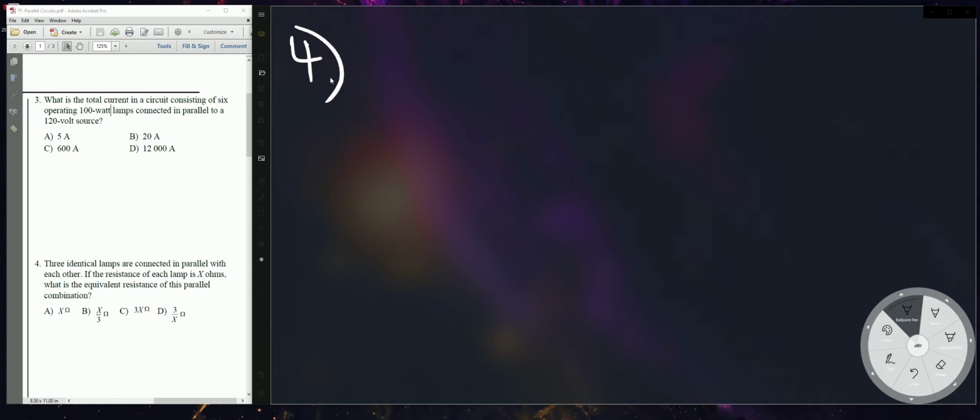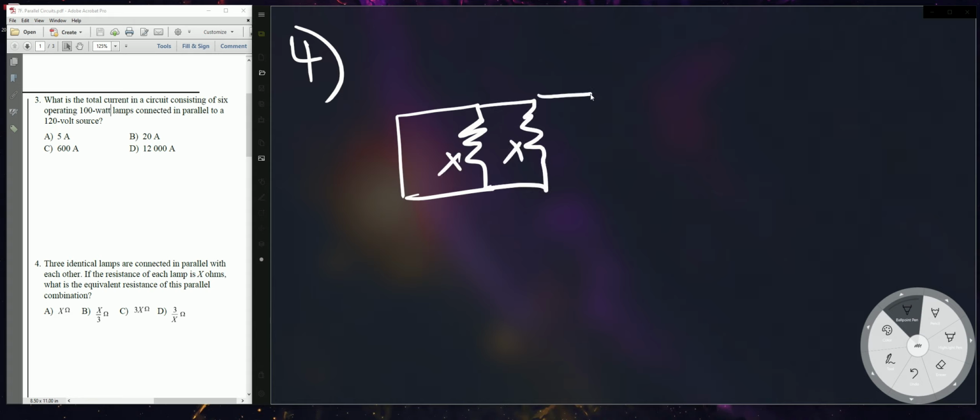4. 3 identical lamps are connected in parallel with each other. If the resistance of each lamp is X ohms, what is the equivalent resistance of this parallel combination? 3 identical lamps connected in parallel. The resistance of each lamp is X ohms.